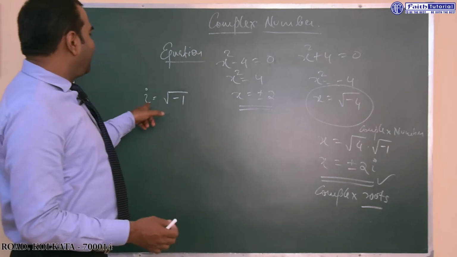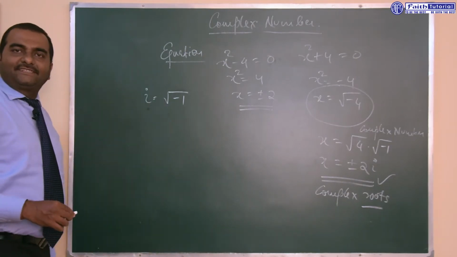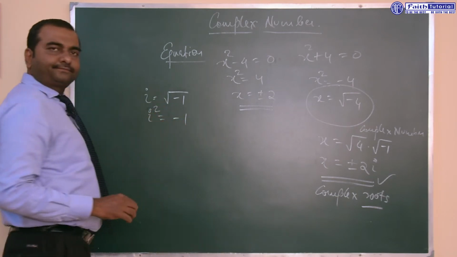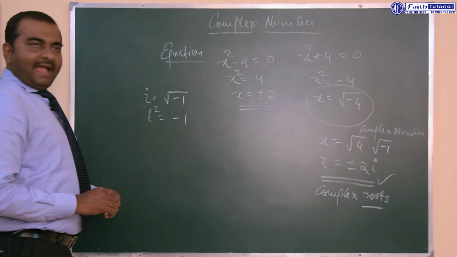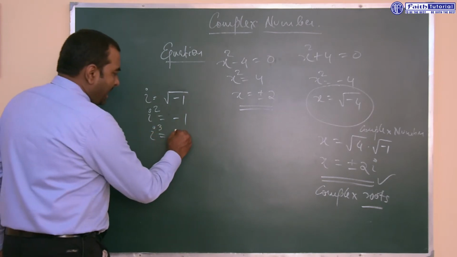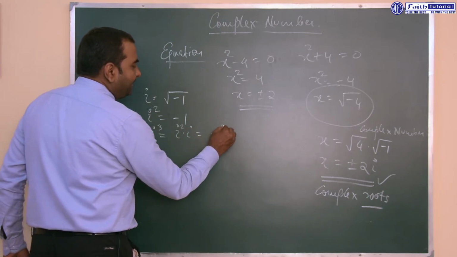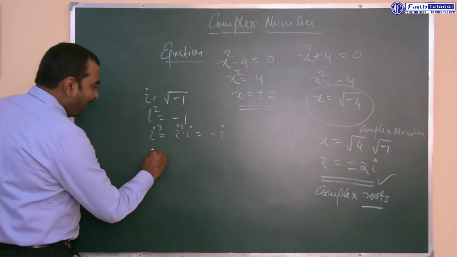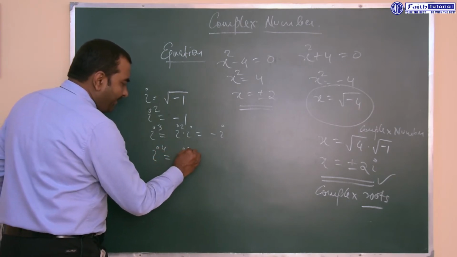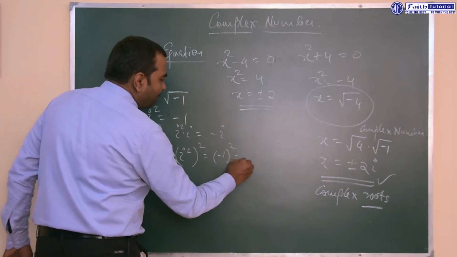So, as we have said that i is root under minus 1, what happens if I square it on both sides? So, i square will be minus 1 and i cube will be i square into i, which is minus i, and i to the power of 4 will be i square whole square, which is minus 1 whole square, which is 1.